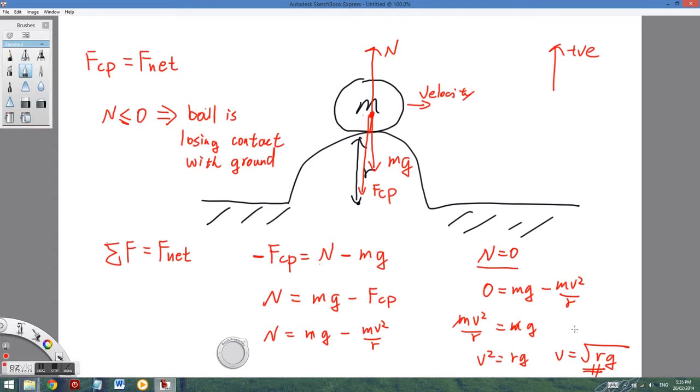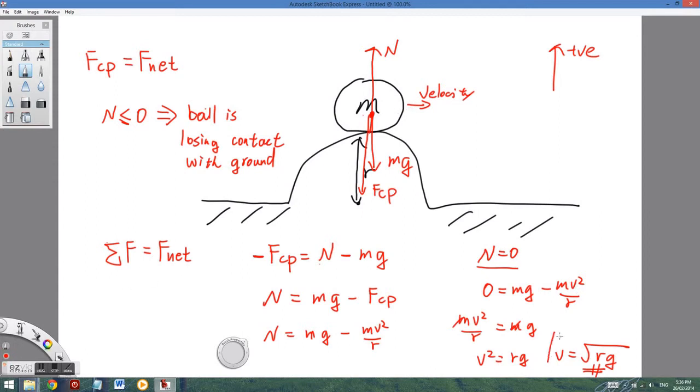Then we put in a value, and this is the minimum speed for that ball at that point to fly away, to lose contact with the ground. This is an example of non-uniform circular motion.